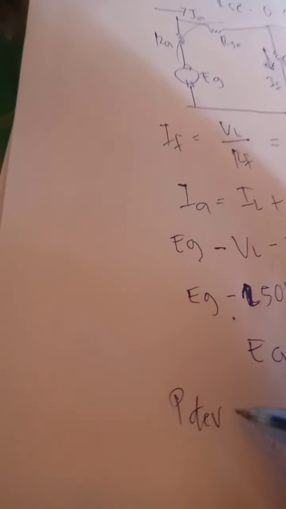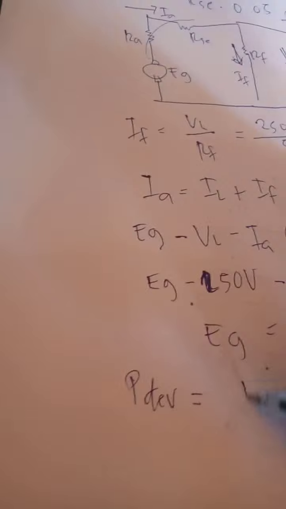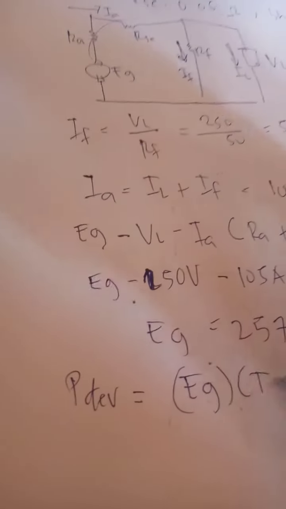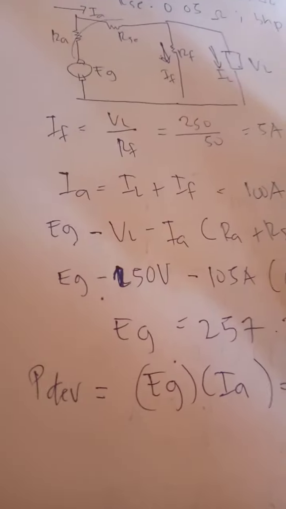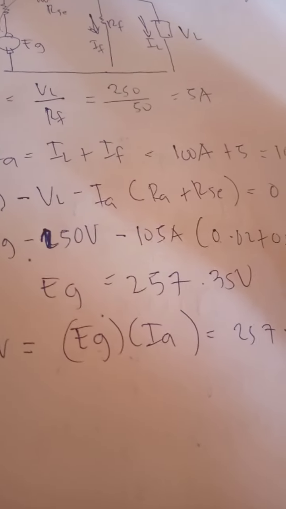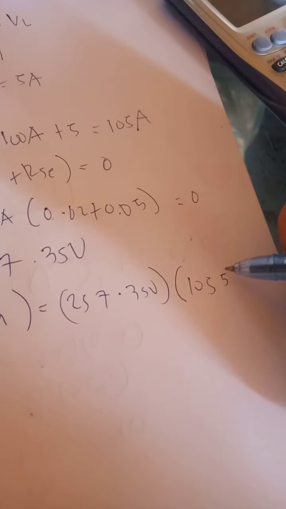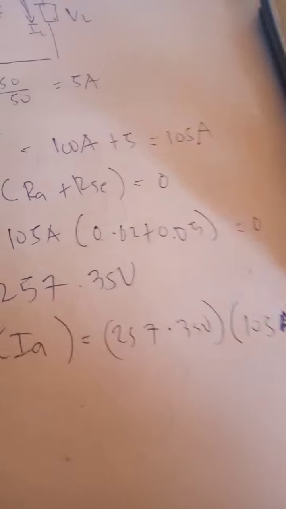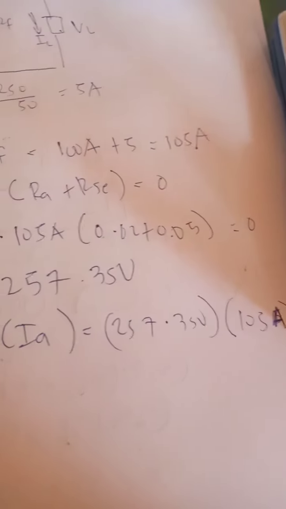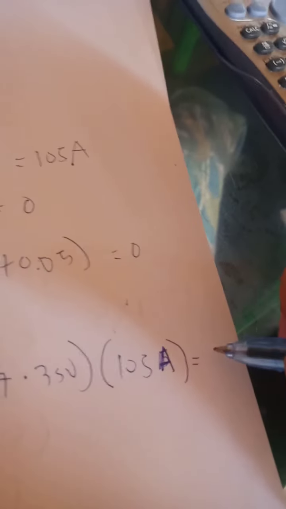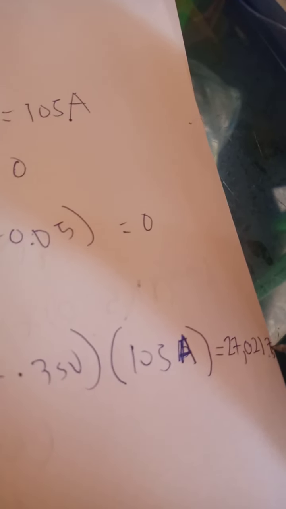Now our PDEV is equal to EG times IA, which is 257.35 volts times 105 amperes, and that's equal to 27021.75 watts.